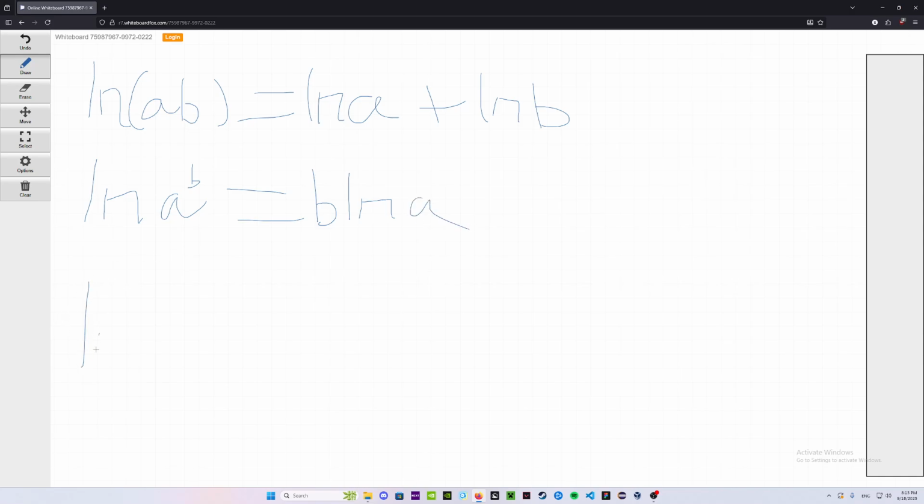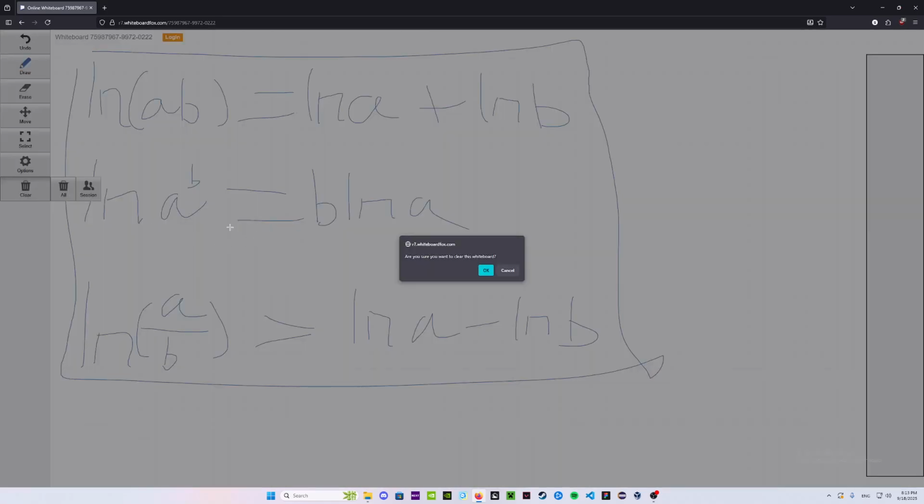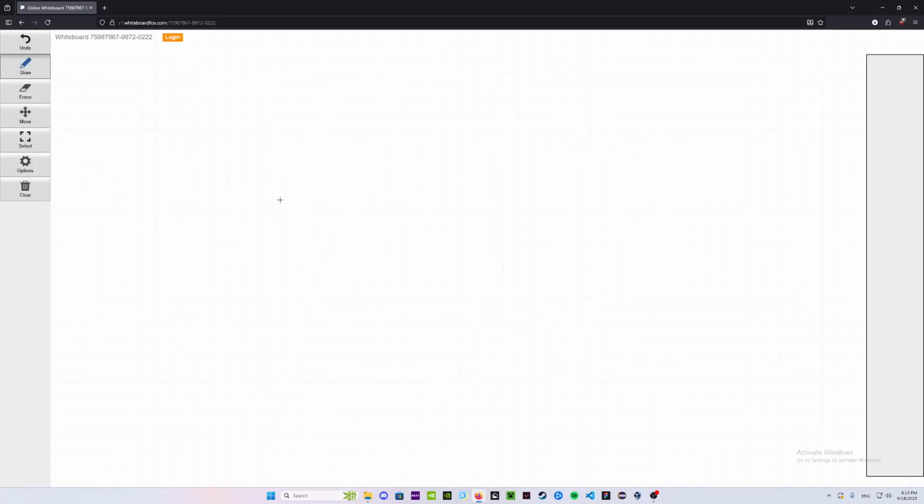Then if you have ln a over b, it's going to equal ln a minus ln b. So these are the properties right here. These should be a review if you're doing calculus, but just in case you don't know them, here they are. These also work for logs as well.